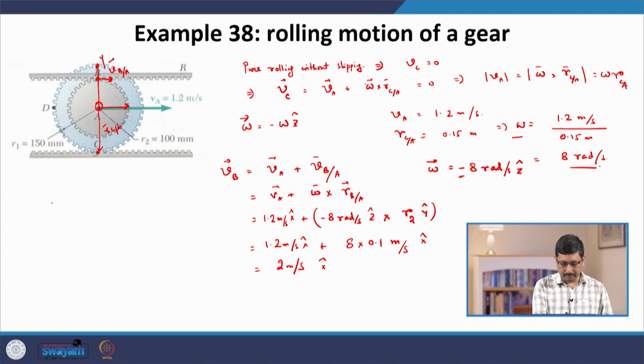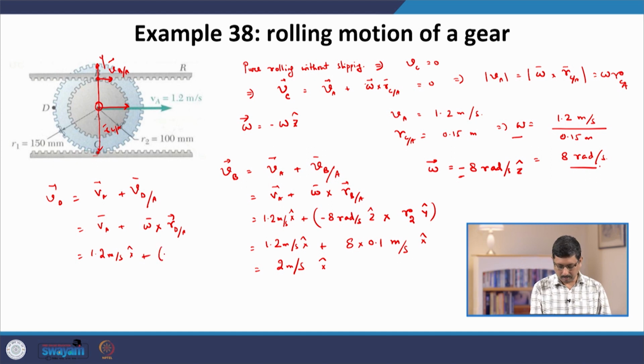Now, what about V D? V D will be V A plus the velocity of the point D due to rotation, which is omega cross R D A. That is 1.2 meter per second x hat plus minus 8 radian per second z hat cross, and this must be going in the upward direction, so minus 0.15 meter x hat.